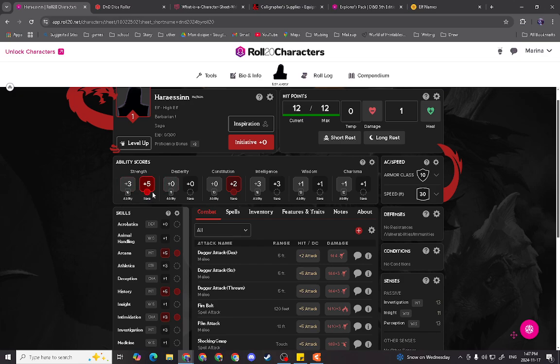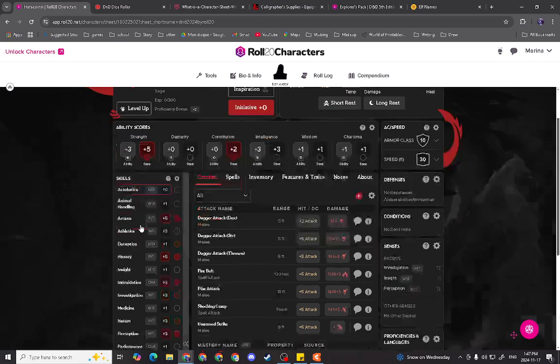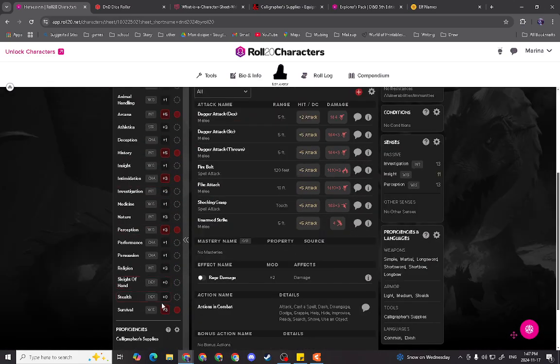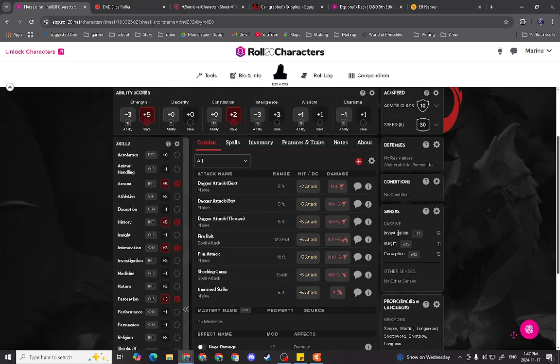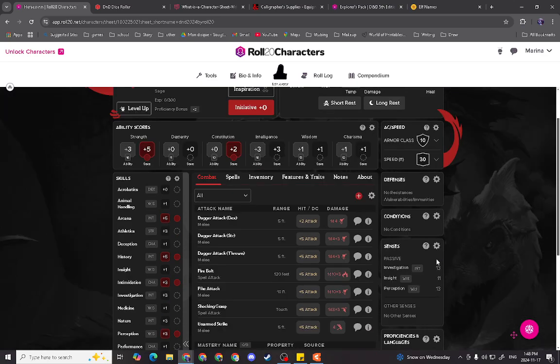So the saving throws mean that when you try to defend yourself against something. Right. And your ability score is just your general ability to do something. Okay. Then you have your skills. Your passive perception is 13, so you naturally have a 13 when looking around.